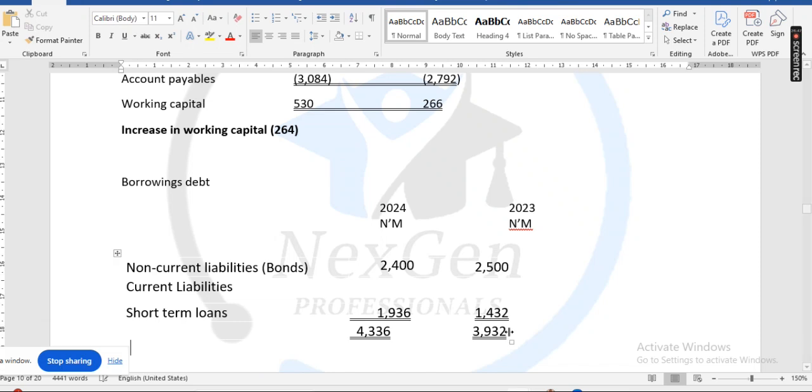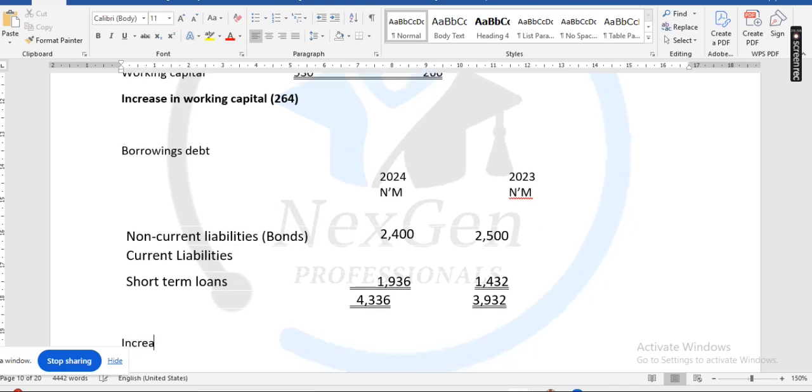So we need to check, class. Is there any increase in borrowing or decrease in borrowing? What do we have here? Increase in borrowing, right? Increase of 404. Increase in borrowing is the difference, because I know someone will still ask how I got that difference.